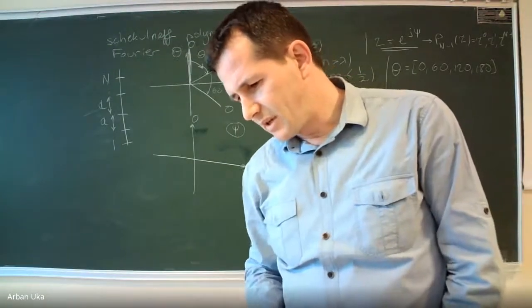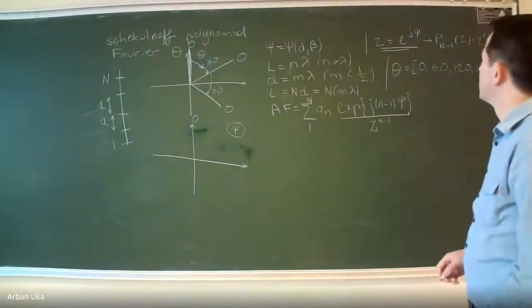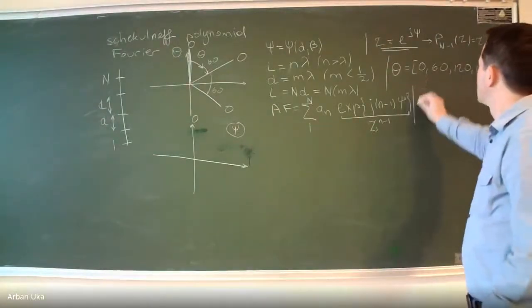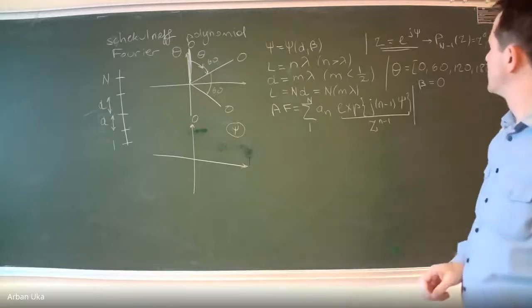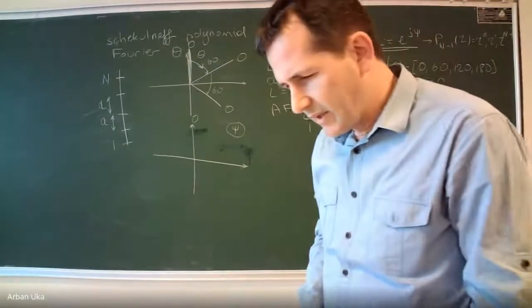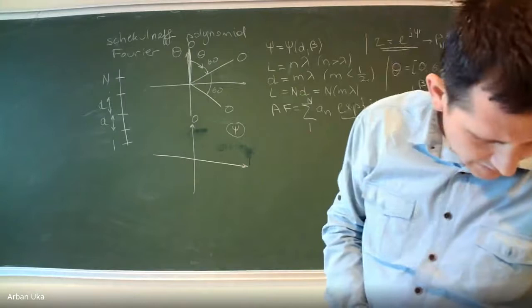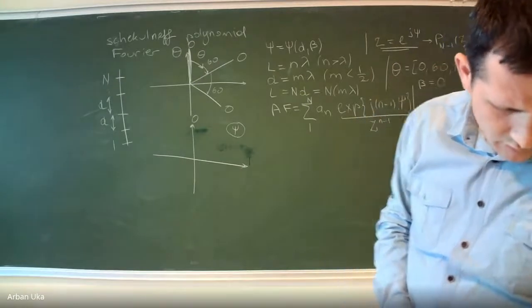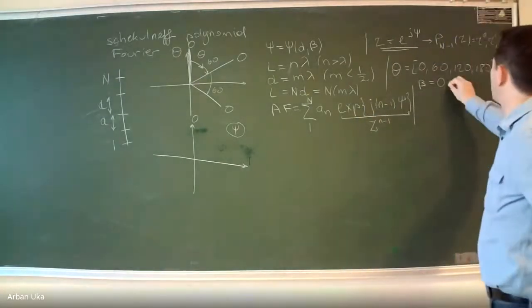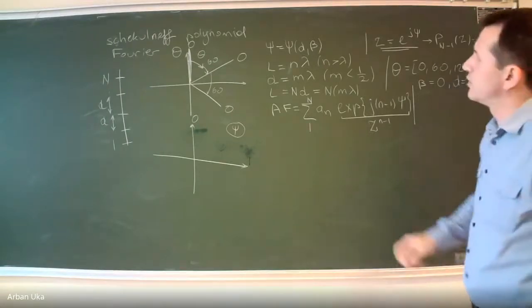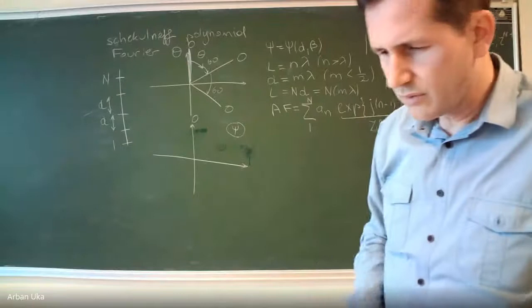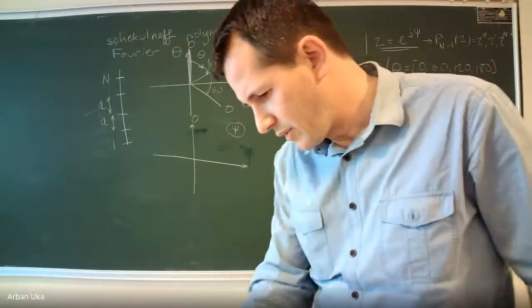Then let's also assume that the beta is equal to 0, and after the beta being equal to 0, let's also use a d equal to lambda over 4. D is equal to lambda over 4, which is the distance between any two subsequent antenna components.